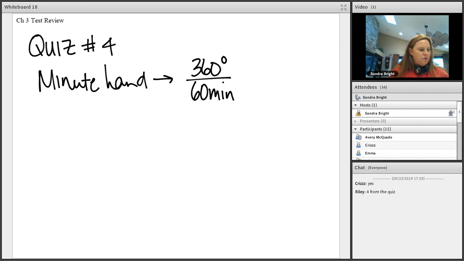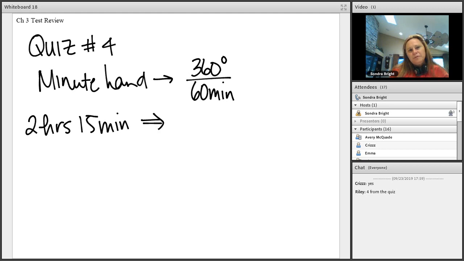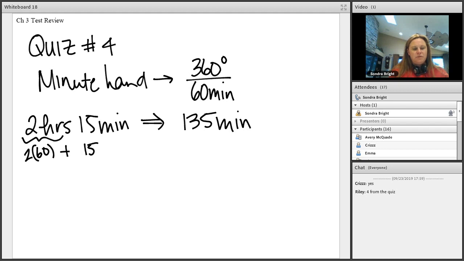And then we want to know how many degrees it does in 2 hours and 15 minutes. If you convert those all to minutes, 2 hours would be 120 minutes, so that's 135 minutes total. Since 2 hours is 60 times 2, and then plus the 15, so 135 minutes.